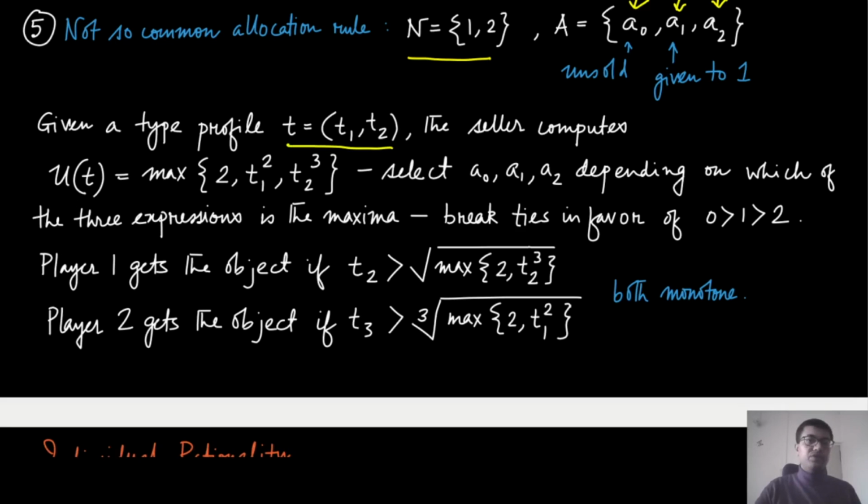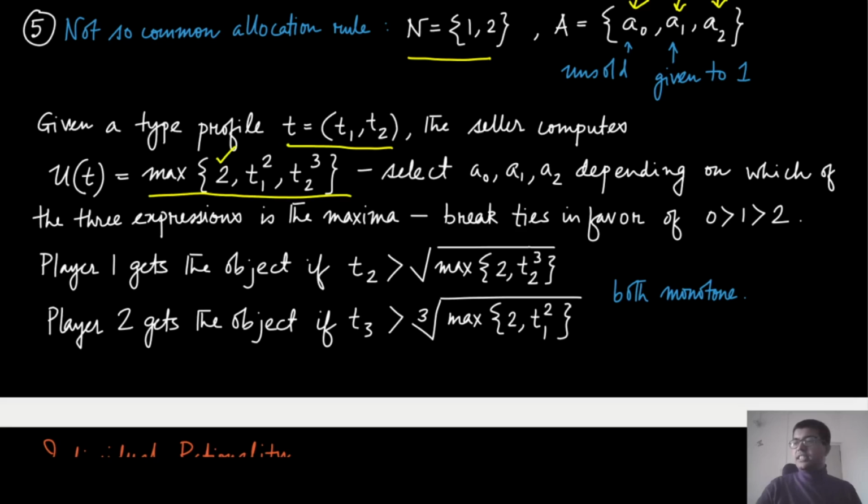Now suppose the type profile is given by T, which is T1 comma T2, and the seller computes the following thing. It tries to find out which of these three things is actually the maximum. So one is the constant, which is 2. The second one is the square of the type of the first player, and the third one is the cube of the type of the second player.